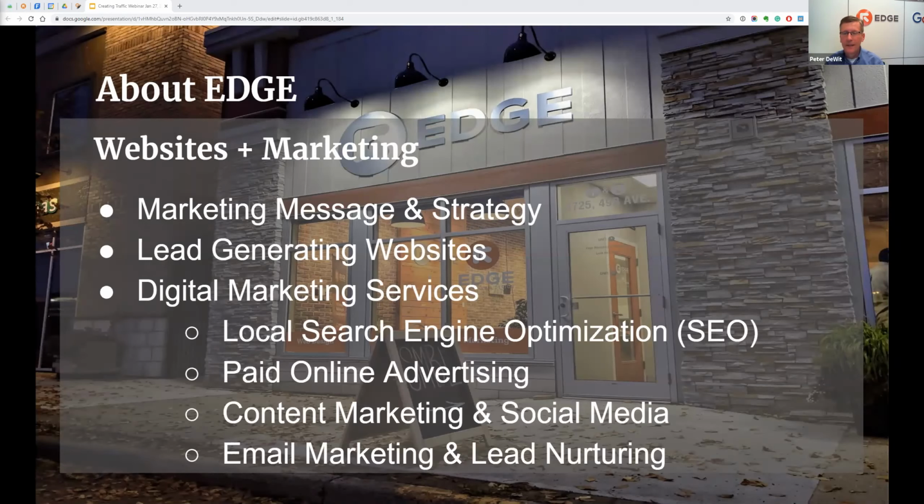Then we build websites, hundreds of websites, and we make sure they are lead generating websites that actually work for your business, which we feel is really important. And then we provide several digital marketing services, some of which we're going to talk about today. If you're interested, that's some of what Edge does. We're located in the building in that photo, and we're based out of Lacombe, as probably most of you know.